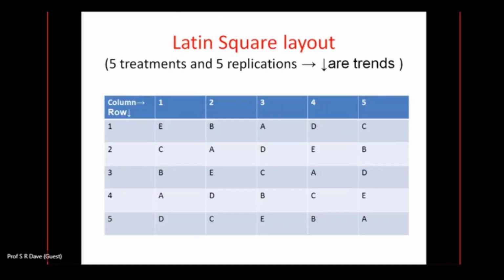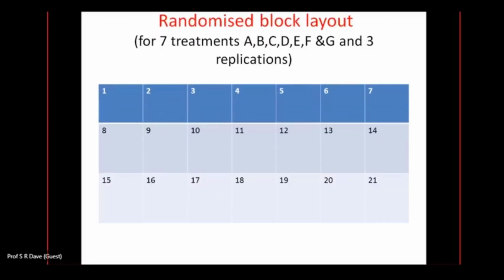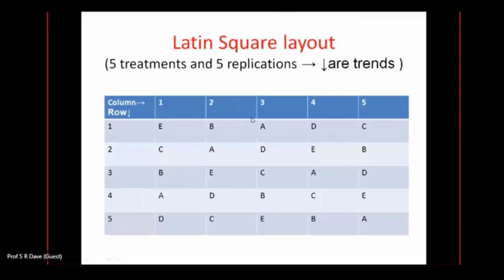Latin square. A randomized block design takes care of this one, but it will not take care of this and this. So if I want to take care of horizontal and vertical heterogeneity of the experiment, I have to think about the Latin square layout.